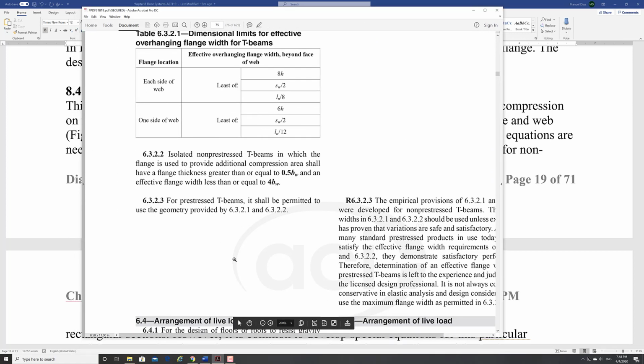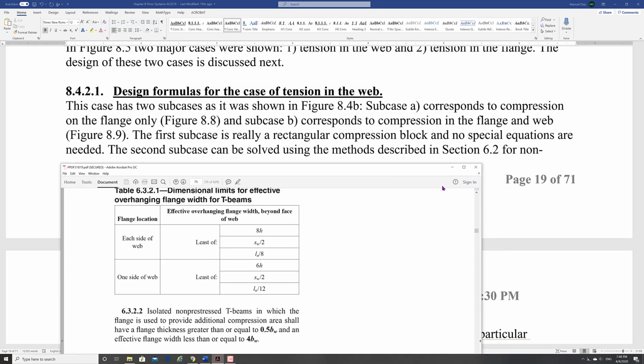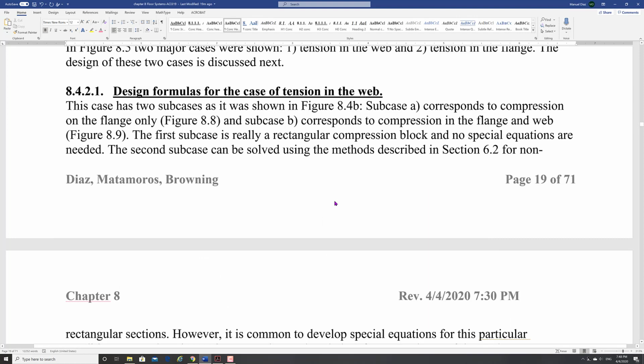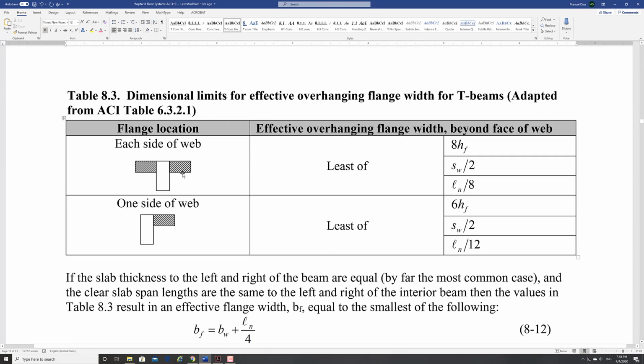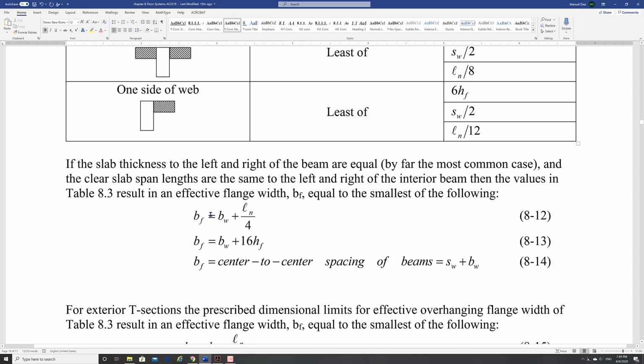All right, so this is the table. The overhanging portion, that's all it is, and it only refers to the portion that is being shaded here. What you want really is the total value, and this is what then gives you the total value.